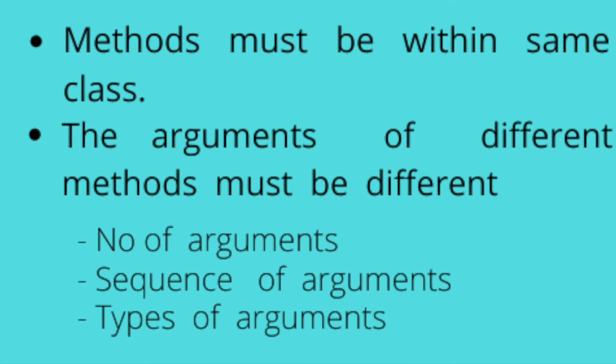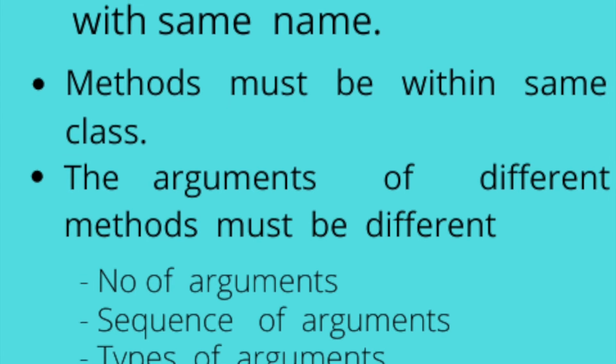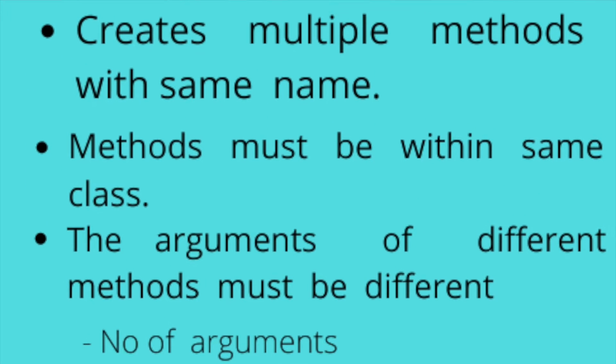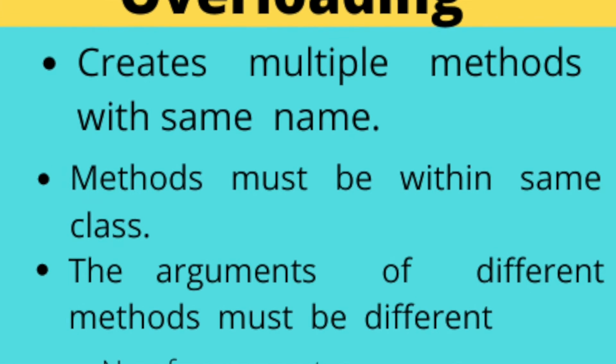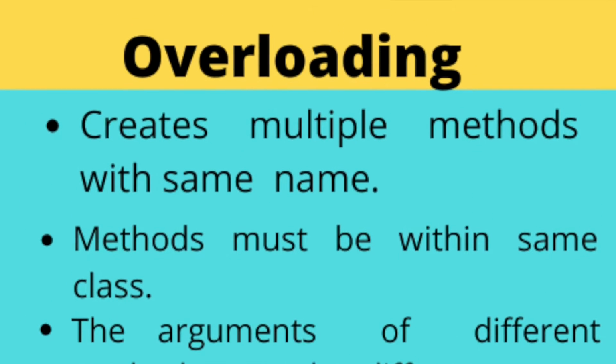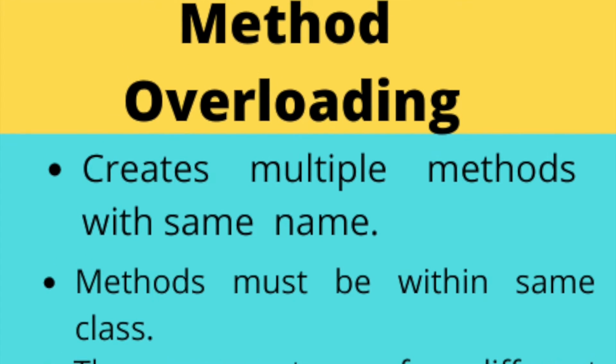The conditions of method overloading are: create multiple methods with same name, two methods should be within same class, and the arguments of methods should be different. The arguments have three conditions of which one should be satisfied. The conditions of arguments are number of arguments, sequence of arguments and types of arguments.